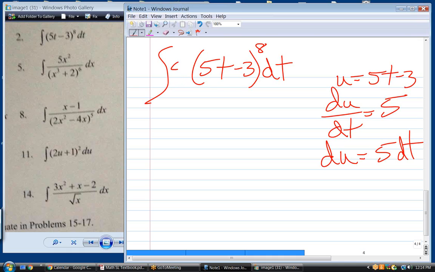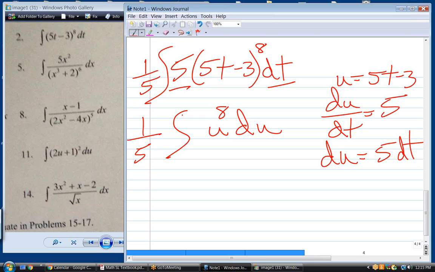So if I need a 5 there, I can just stick it there and stick a 1/5 out there. With me? Now I've got my 5 dt that I can replace with du. So the integral in u becomes u to the 8th du.